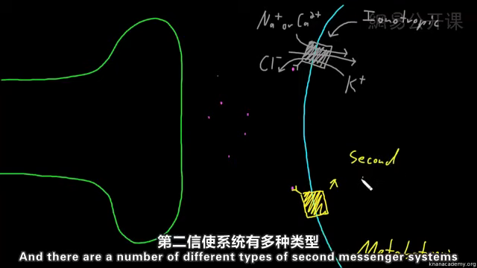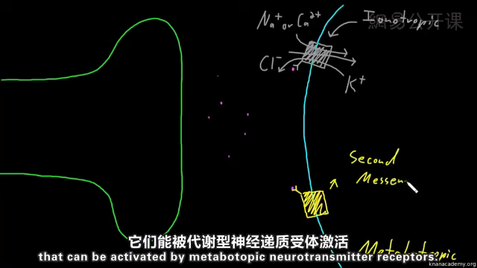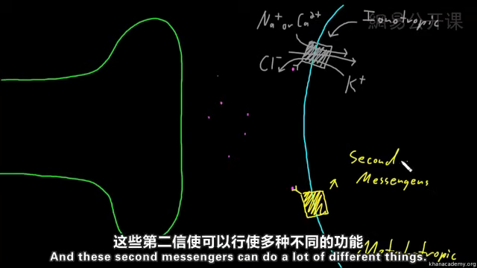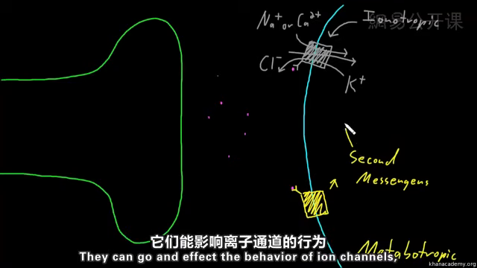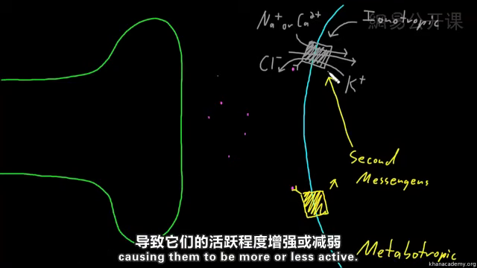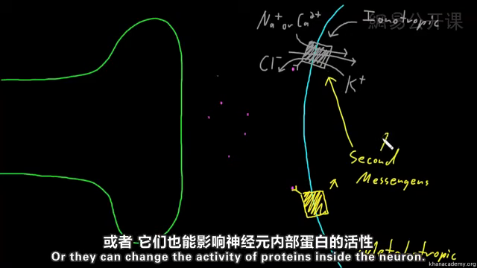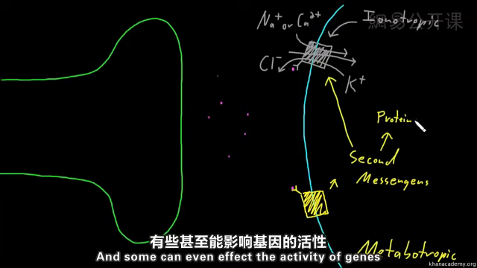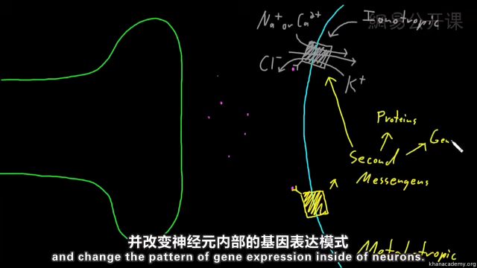And there are a number of different types of second messenger systems that can be activated by metabotropic neurotransmitter receptors. And these second messengers can do a lot of different things. They can go and affect the behavior of ion channels, causing them to be more or less active, or they can change the activity of proteins inside the neuron. And some can even affect the activity of genes and change the pattern of gene expression inside of neurons.